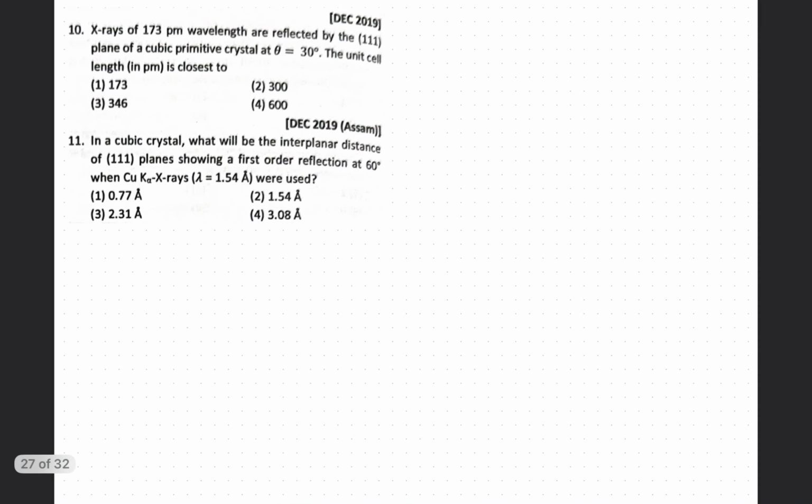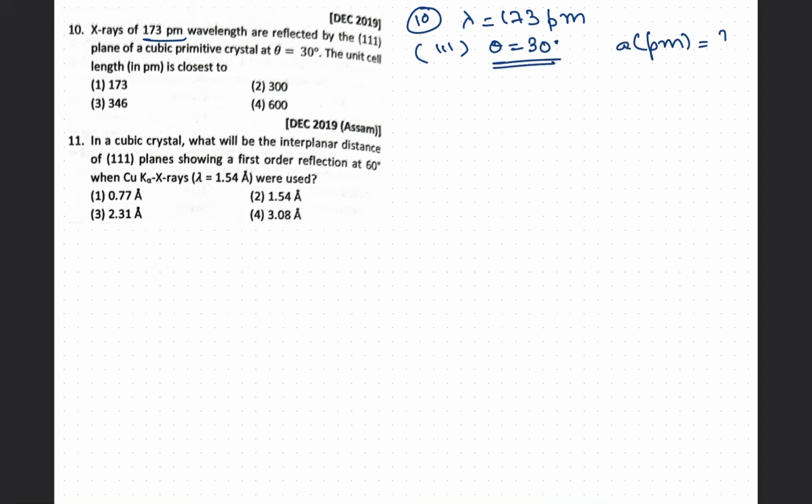Okay, now the 10th question. X-ray of wavelength 173 picometer is reflected by 111 plane of a cubic primitive crystal at theta 30 degree. The unit cell length in picometer is close to. They are asking for A. This is an easy question.